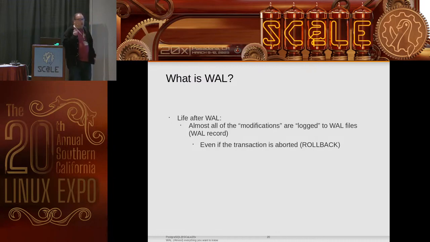Almost all of the modifications are logged to the WAL files. So what could be a modification? Tell me. What could be a modification from the database point of view? Insert, update, delete, what else?